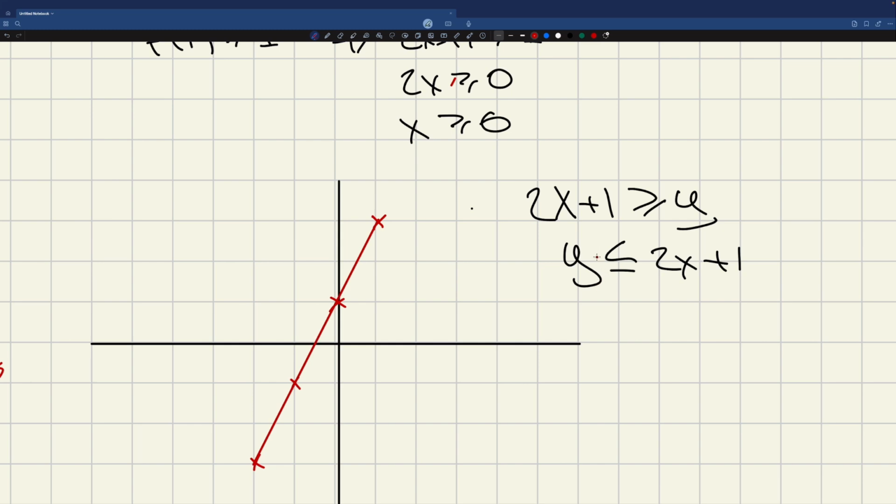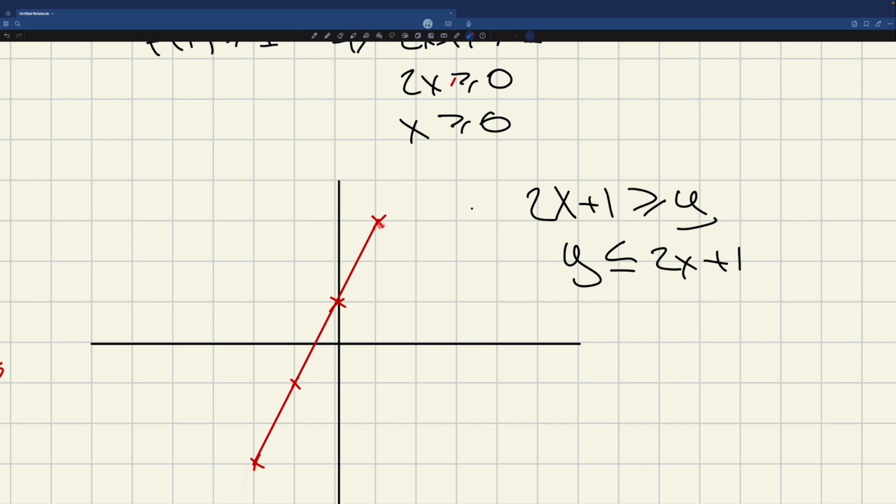Now we would look at where y is smaller or equal to this function. This is where the hard bit comes in, and this is where you have to remember your axes. So this is the y-axis, this is the x-axis. Now where is y smaller or equal to this graph? We should imagine that this graph stretches out over there, and of course stretches out over here.